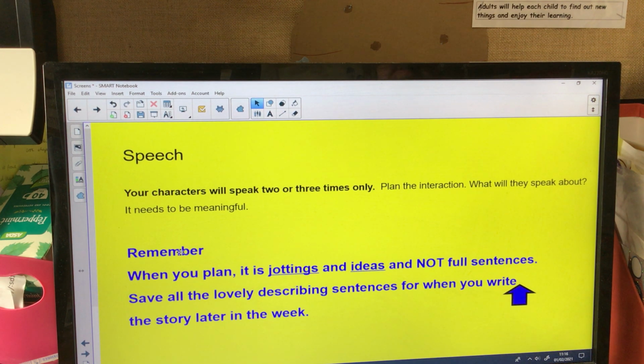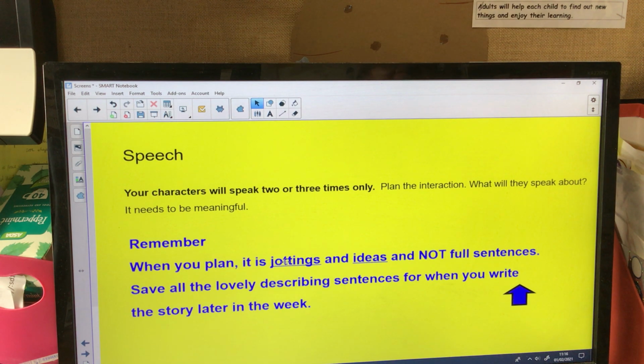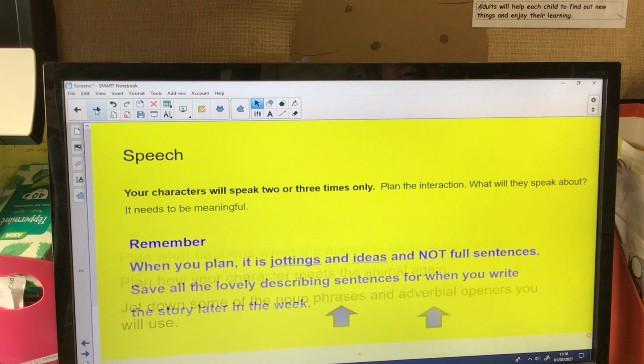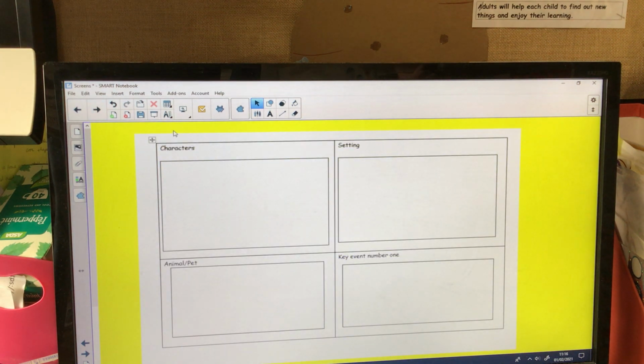Okay? Remember, when you plan, it's jottings and ideas and not full sentences. Okay? You need to save all your lovely describing sentences for when you write the story later in the week. I am not expecting sentences. What I'm expecting is a plan that looks a bit like this with jottings in every box. Okay? And this is what it looks like on Teams.